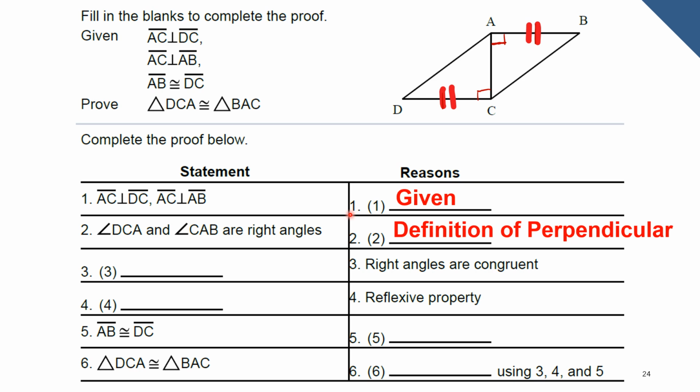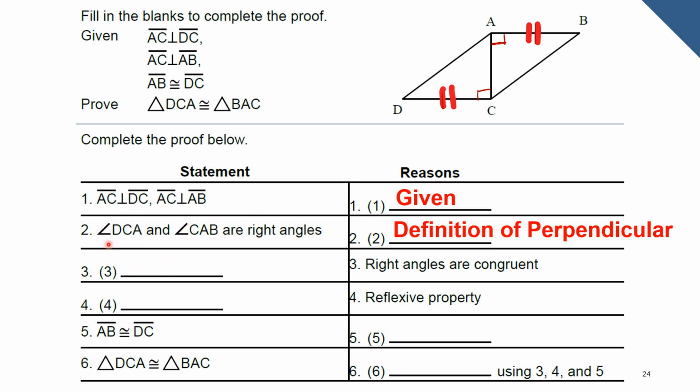Now the third line has the blank on the statement, and the reason that they give is that right angles are congruent. So we need to write down a statement that shows which two right angles are congruent. The two right angles in question were given to you on the previous line. They're right here and right here.